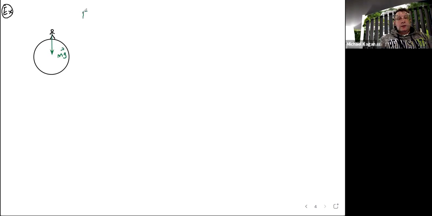So we know that on one hand, Fg was equal to mg. But on the other hand, the new formula says that Fg should be equal to the gravitational constant times the mass of the Earth times the mass of the guy over what?